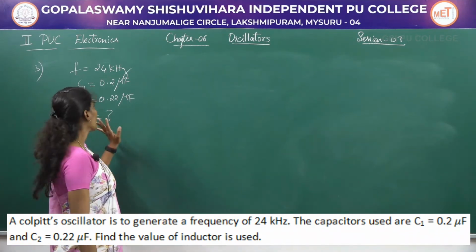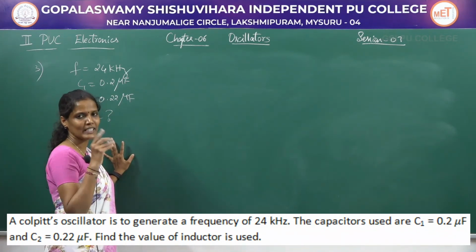This is a Colpitts oscillator where we are having 2 capacitors and 1 inductor.